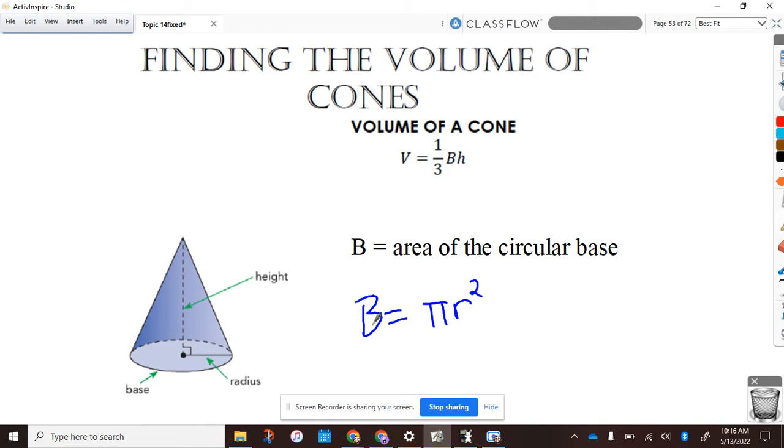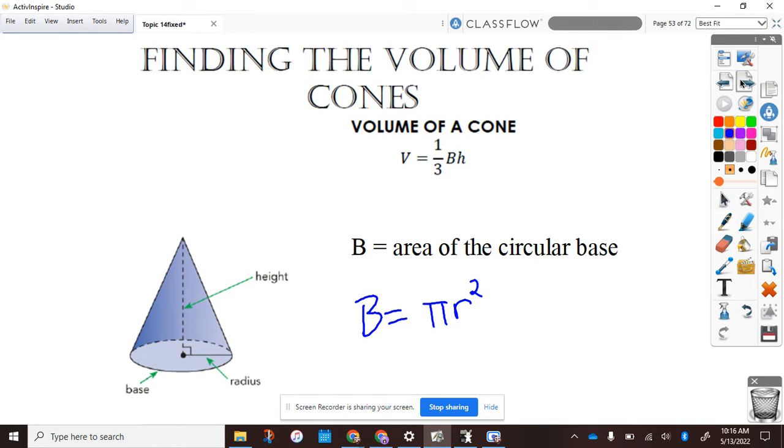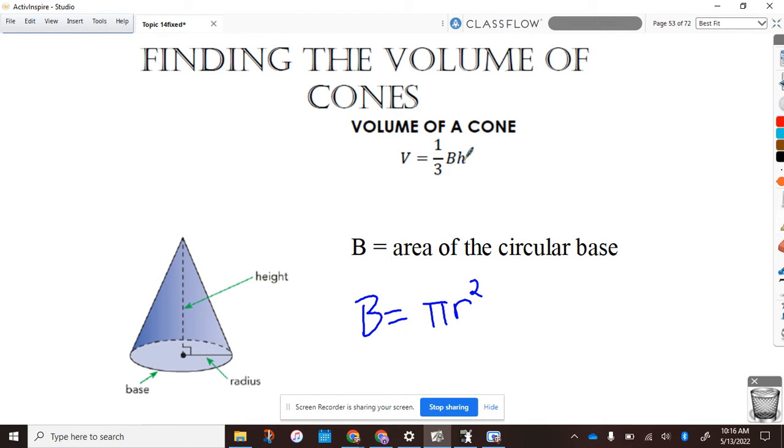So that's what we're going to use for capital B on all these problems. And you'll see that once again, the only two things that we actually have to plug into this formula are the r, the radius, and h, the height.